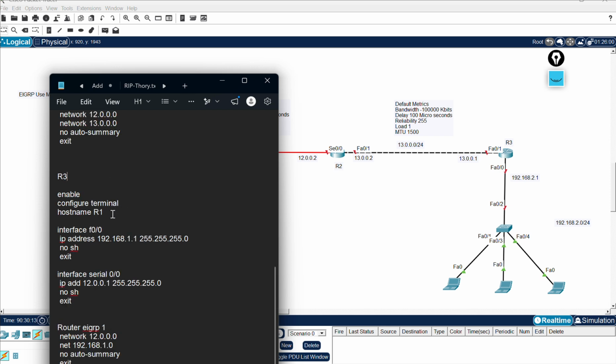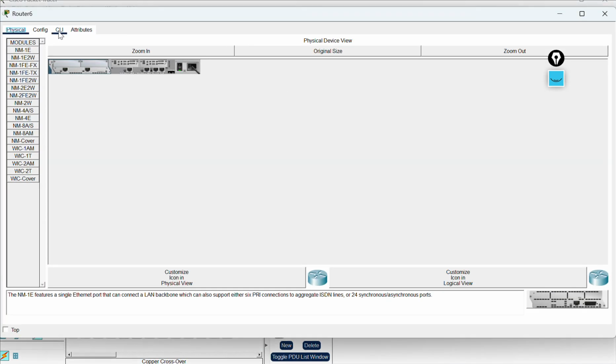For R3, 192.168.2.1 is the LAN network, and for F0/1, 13.0.0.1, and network 13.0.0.0 and 192.168.2.0. This is the R3 configuration. Copy, paste in R3.